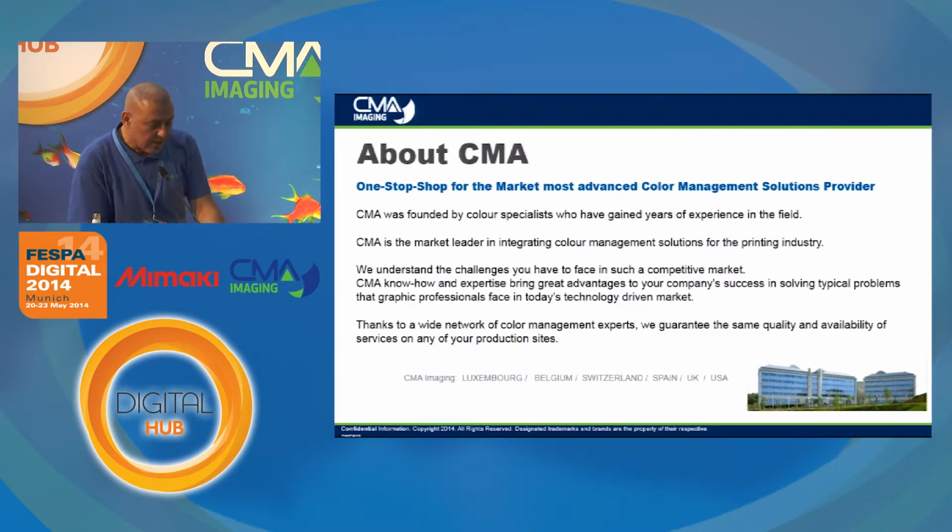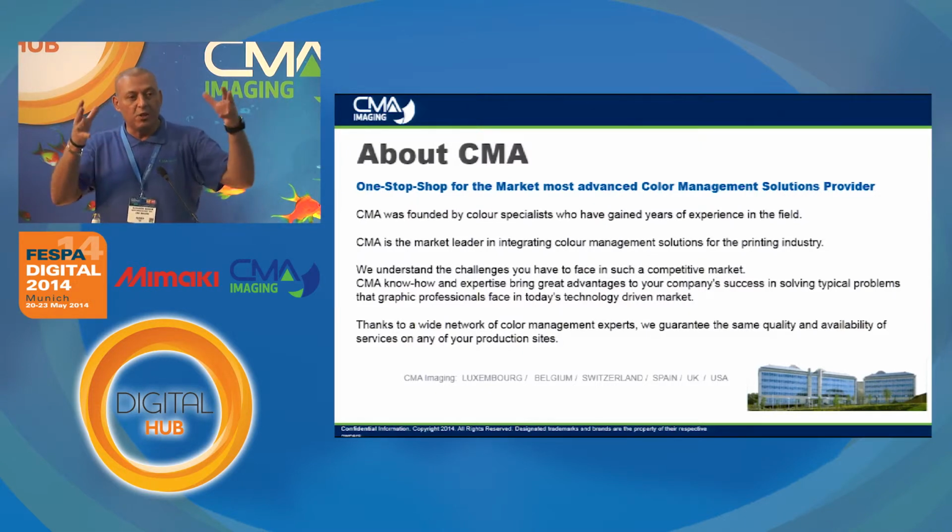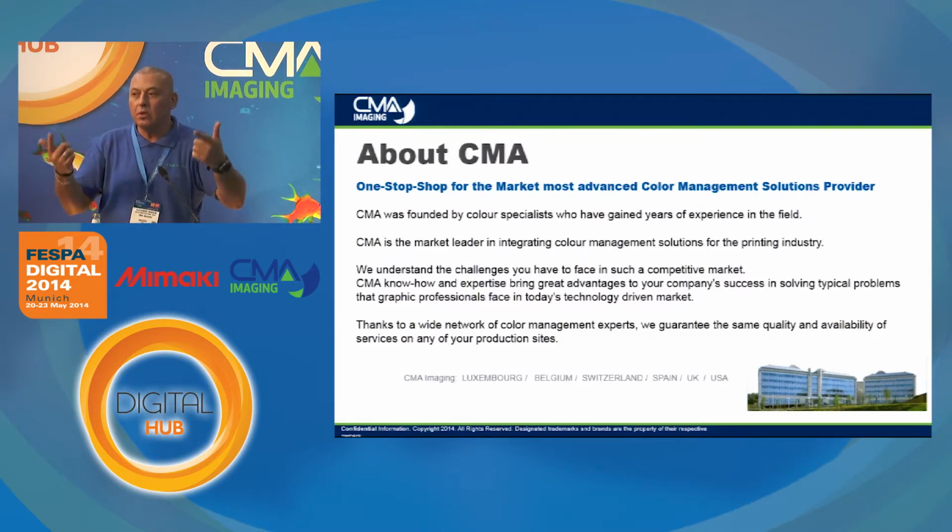So let's go, first of all, getting a bit of information about what CMA is and where our expertise is coming from. CMA Imaging comes from the photographic business, and we are now bringing our expertise into digital media as well as packaging applications.